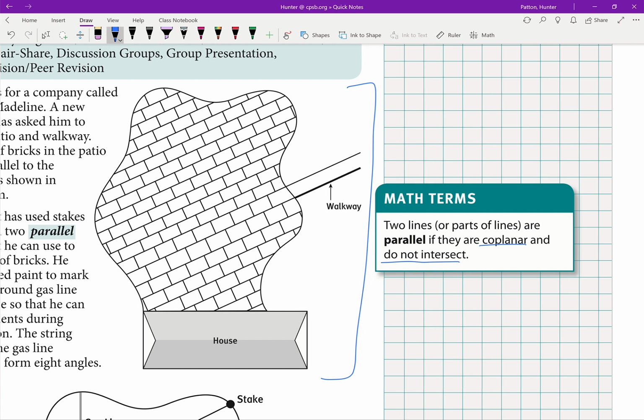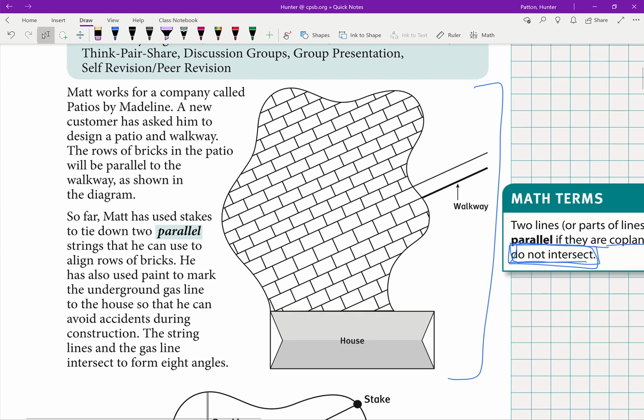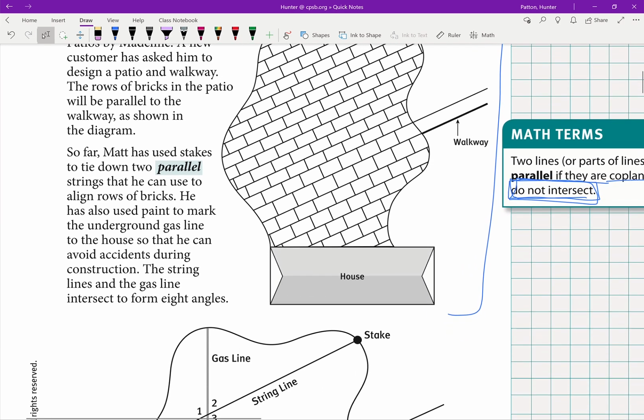What we mean by coplanar is that they just lie in the same plane. If we have a flat plane, all the lines are in the same plane, and then they don't intersect. That's the biggest thing we need to know about parallel lines, is that they do not intersect, never intersecting. Okay, that's important.